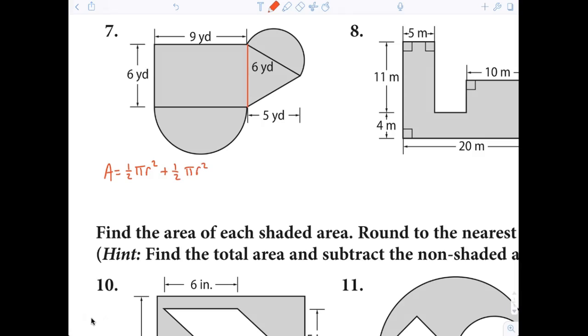Now, why am I writing them differently? Are they the same size? No, they're not. Then the rectangle, which would be plus length times width. And the area of the triangle would be 1/2 base times height.